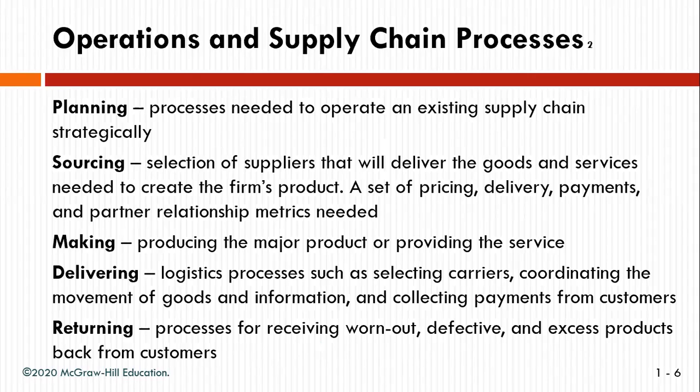The second part that you need to know is sourcing, selecting the supplier that will deliver the goods and services needed to create the final product. A set of pricing, delivery, payment, and partnership metrics is needed. We're going to talk about this in one chapter, where we try to mitigate the risk and look at the different types of sourcing and who is supposed to source and when they deliver.